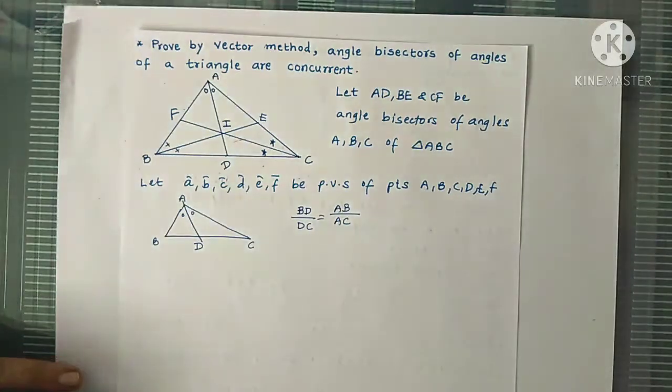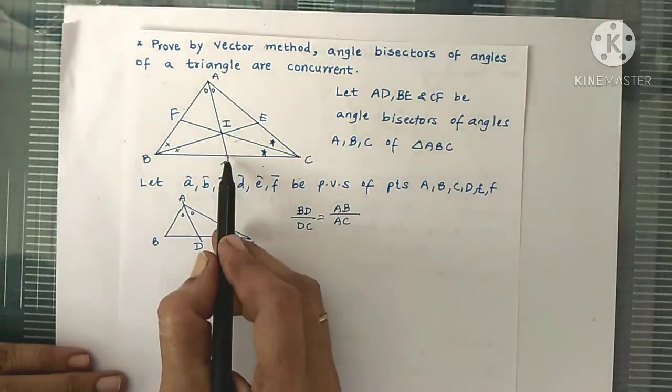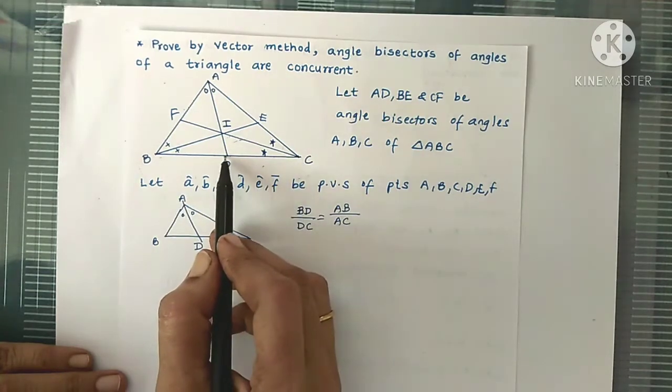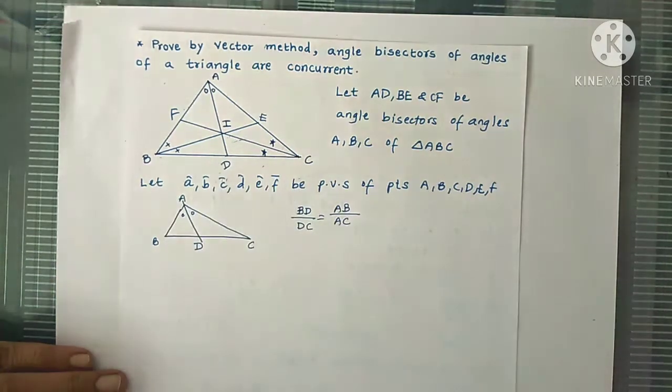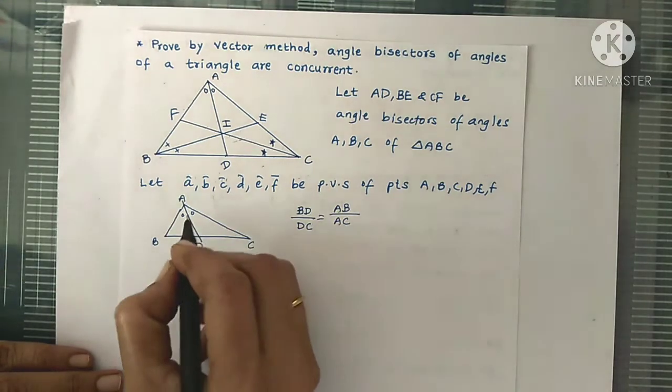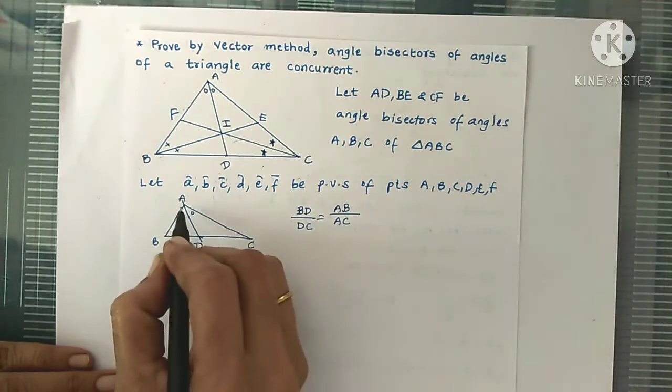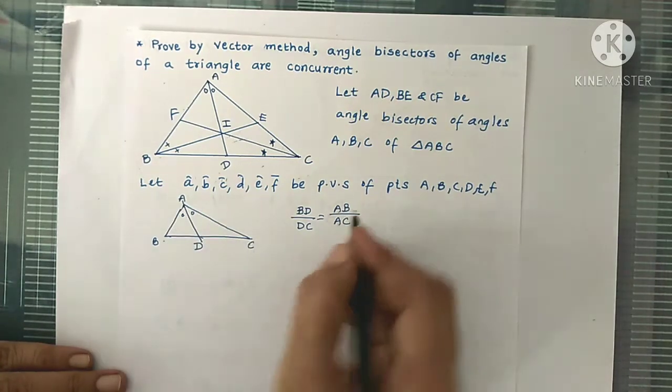Now why do we need this? To find the position vector of D: D lies on BC, but we should know the ratio in which D divides BC. If we know that ratio, we can write D bar using the section formula. So to find the ratio, we need this angle bisector theorem. So BD upon DC is the ratio and that is equal to AB upon AC.